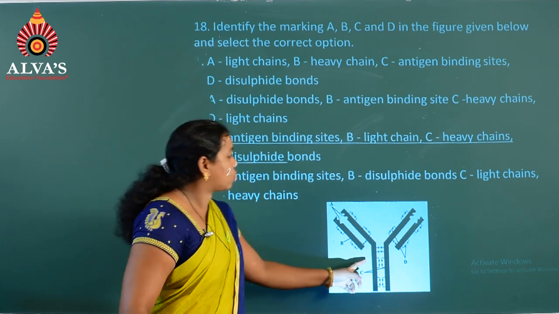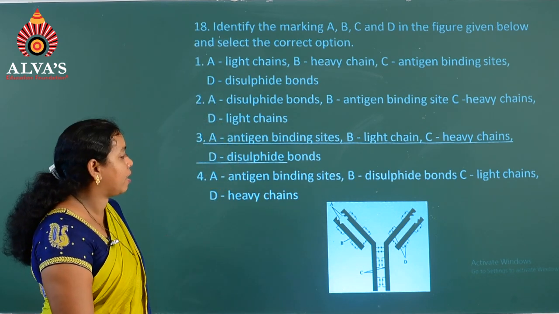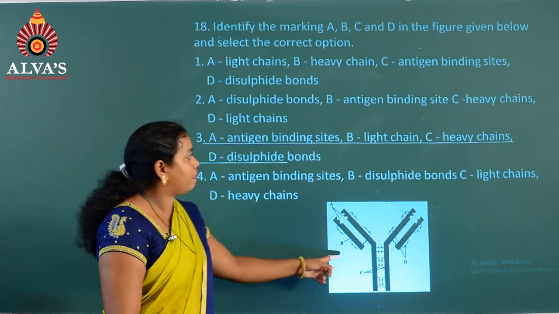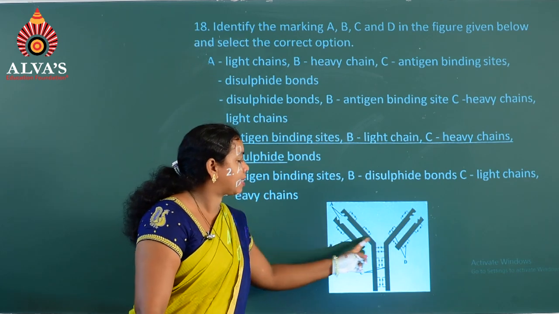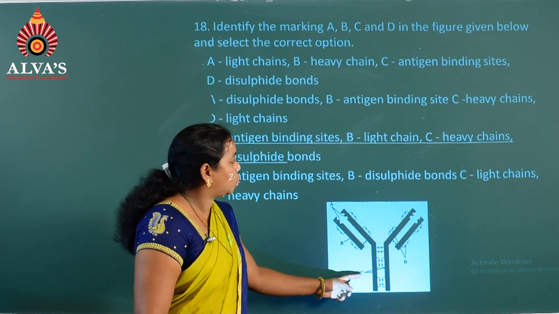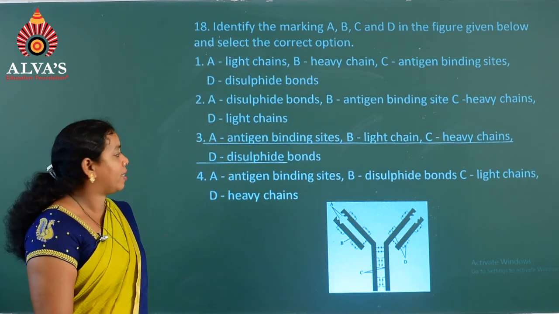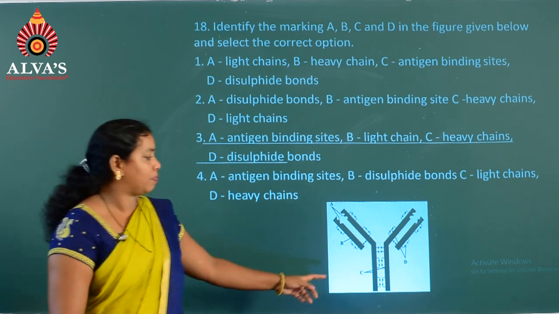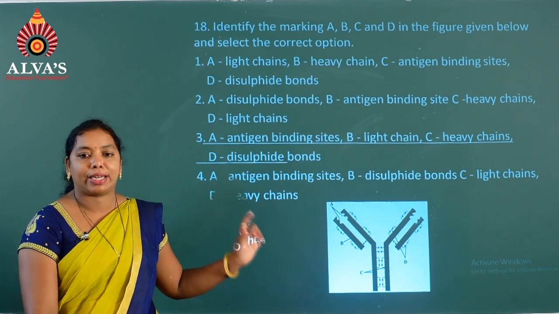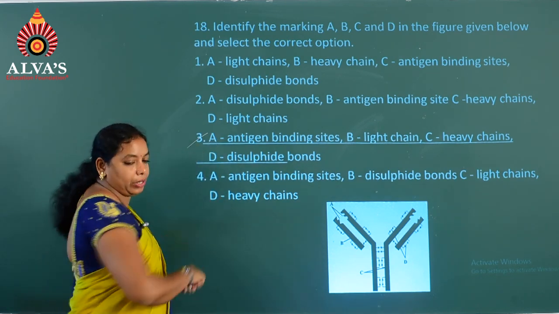Based on this, the correct option is option 3, where A is the antigen binding site, and B is a light chain. On either side there are two light chains, L2, and also two heavy chains, H2. The next one is the disulphide bond, between the heavy and light chain. So the correct option is 3 for question number 18.